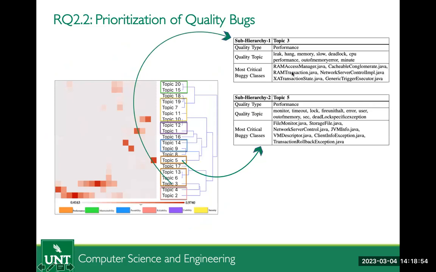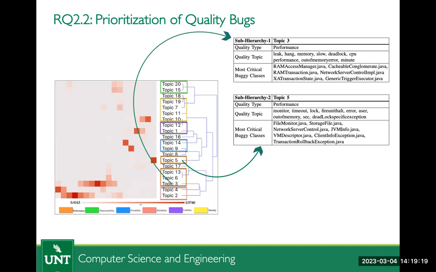Next, we provide here the hierarchical view, which is a visualization feature of our tool that can support prioritizing quality concerns based on their impact on the code base in terms of number of classes being affected. For example, the hierarchical cluster generated by our tool showed an interesting and informative outcome about the Derby project.